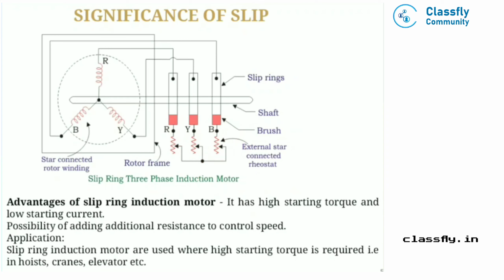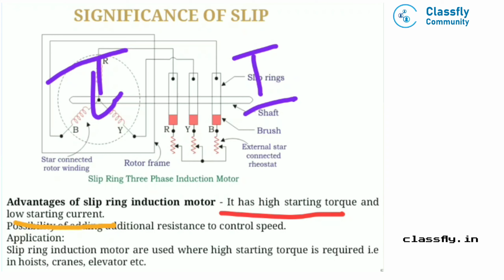And now we will look at the advantages of the slip ring motor. So it has a high starting torque, but it will always have a low starting current. That means it will have a high starting torque, but the current will be low.